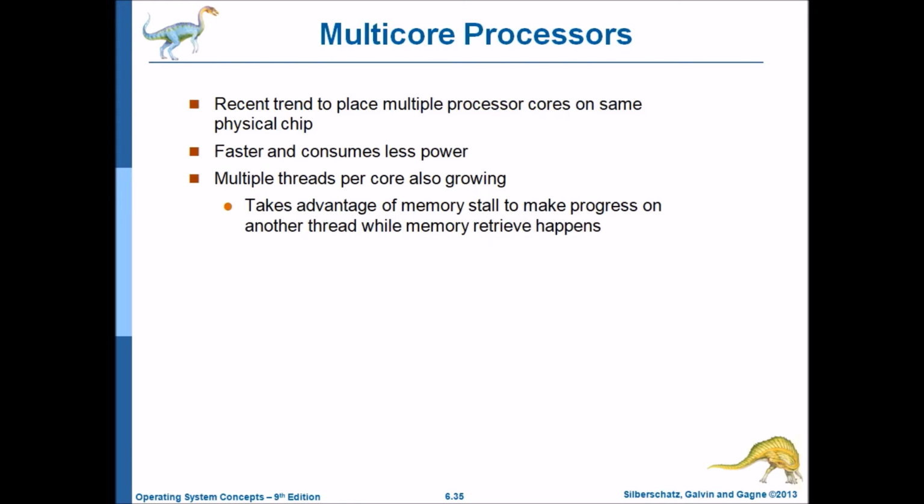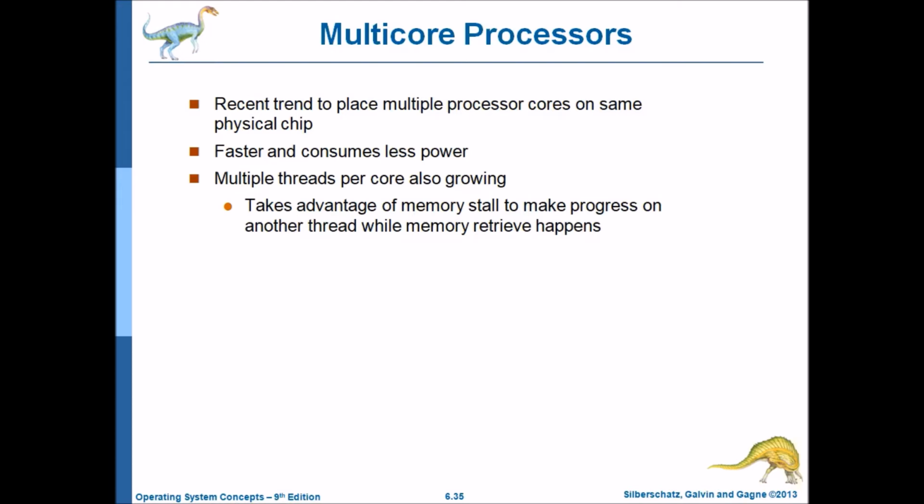Researchers have discovered that when a processor accesses memory, it spends a significant amount of time waiting for the data to become available, which is known as a memory stall. It may occur for various reasons, such as a cache miss, which is accessing data that is not in the cache memory.